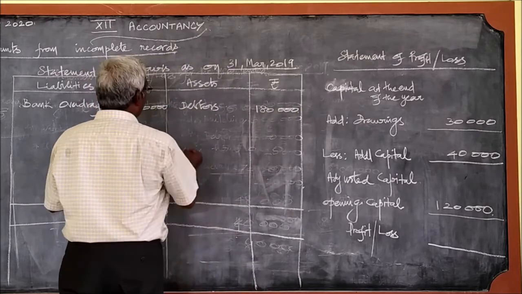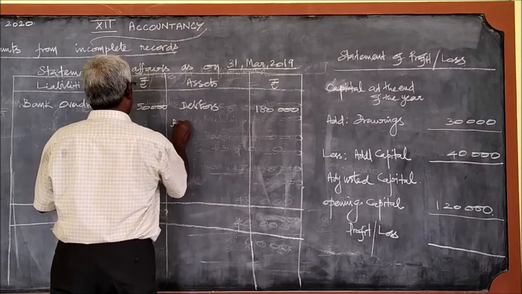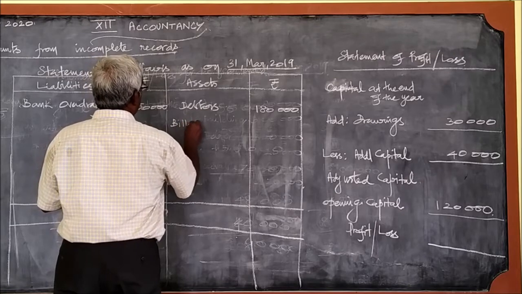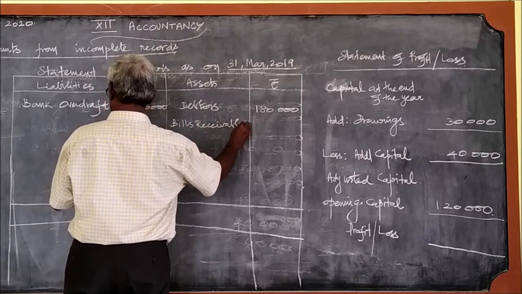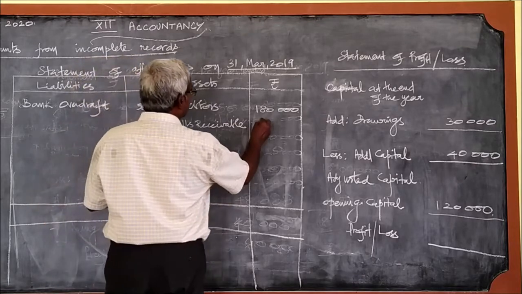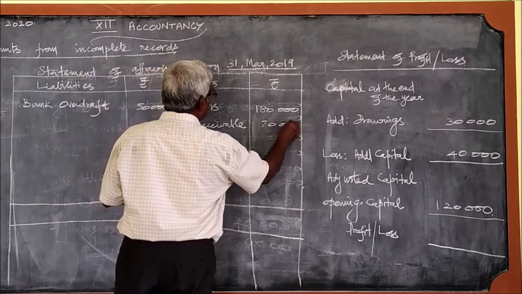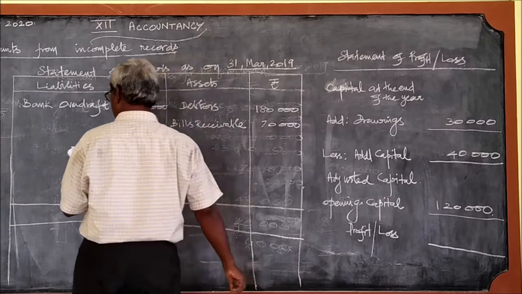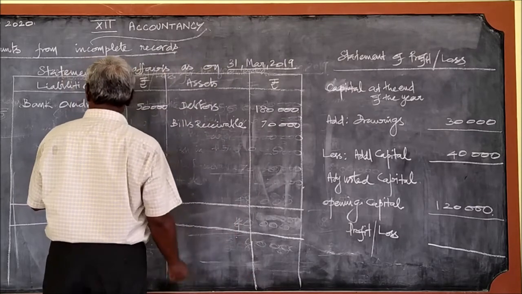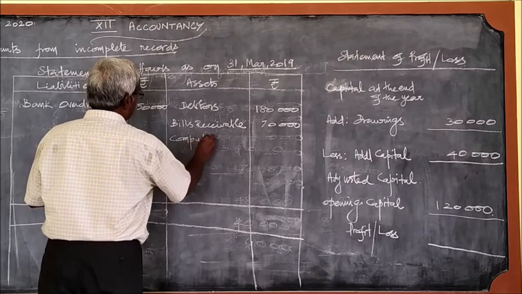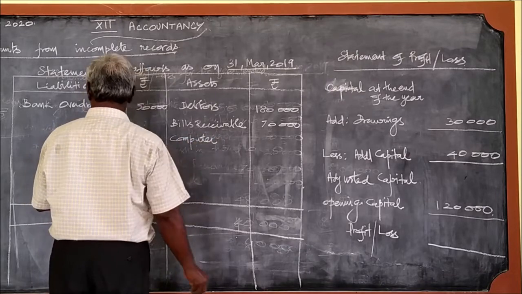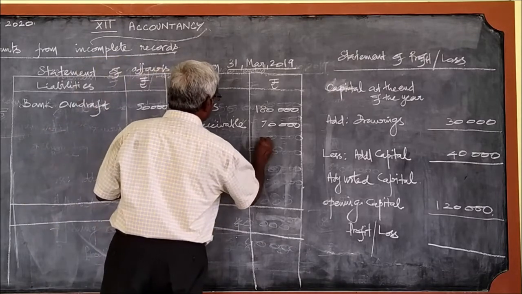Bills receivable is an asset, as we have seen in the other problem. Bills receivable 70,000. Computer is an asset. Computer 30,000.